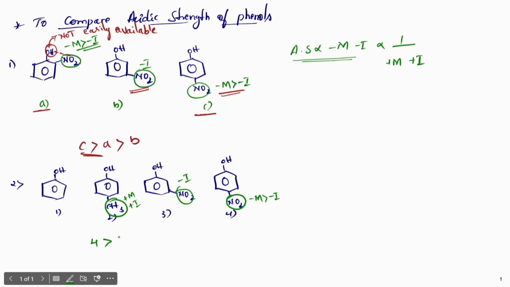So the next acidic strength is 3. And coming to first and second, we know that positive inductive effect and positive mesomeric effect decrease the acidity. Therefore, the second one is least acidic. First and then second. This is the acidity order.